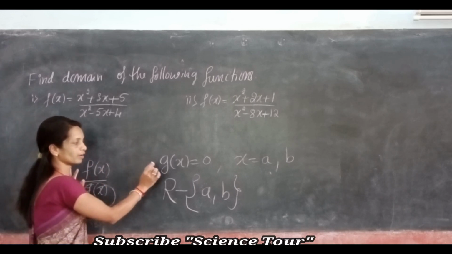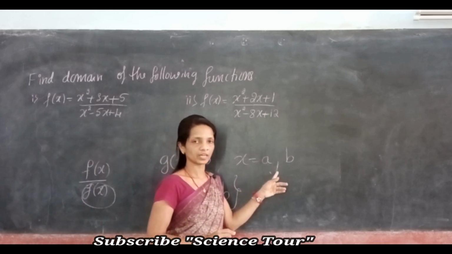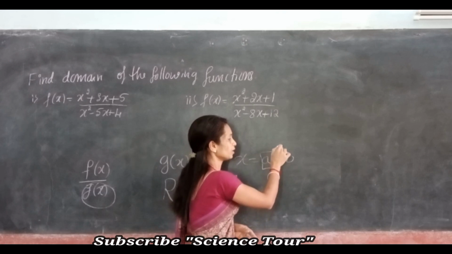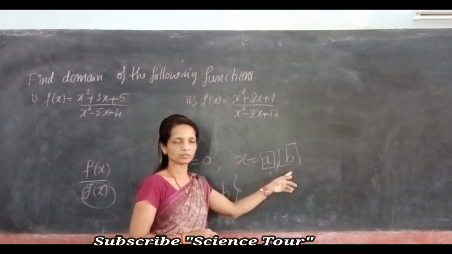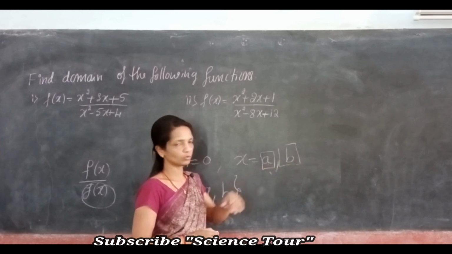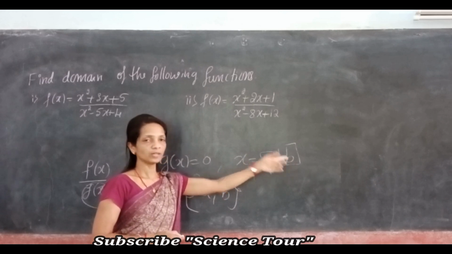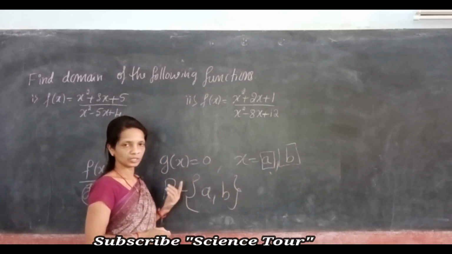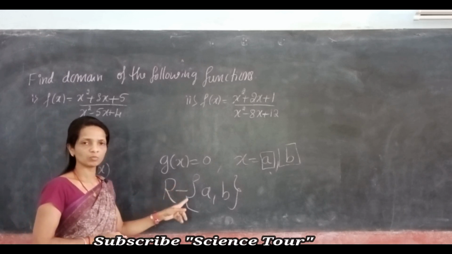First you have to find for which values of x g of x is 0. Suppose, for example, you get g of x 0 for x equal to a and for x equal to b, if the denominator polynomial is 0, then those values of x you have to delete from the set of real numbers, and we write that symbolically like this.